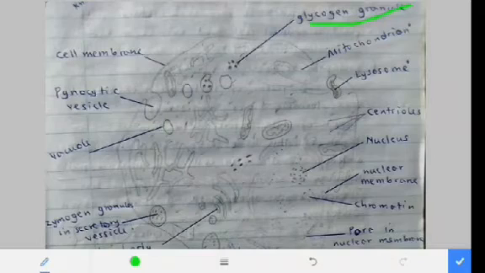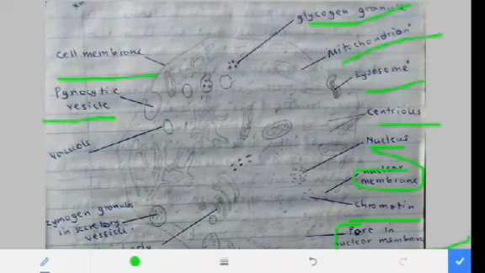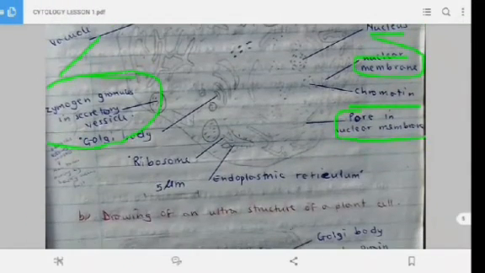We have the mitochondria, the lysosome, the centrioles, the nucleus, the nuclear membrane, the chromatin, the pore in the nuclear membrane, the cell membrane, the pinocytic vesicle, the vacuole, and the zymogen granules in the secretory vesicle. So we are seeing very many other parts.